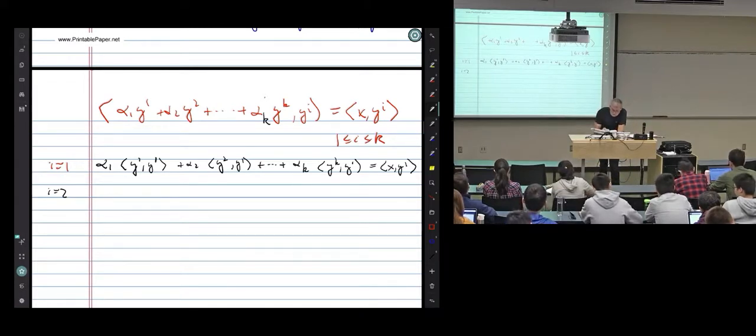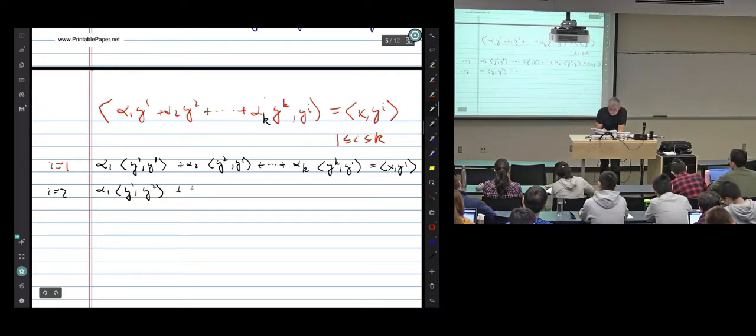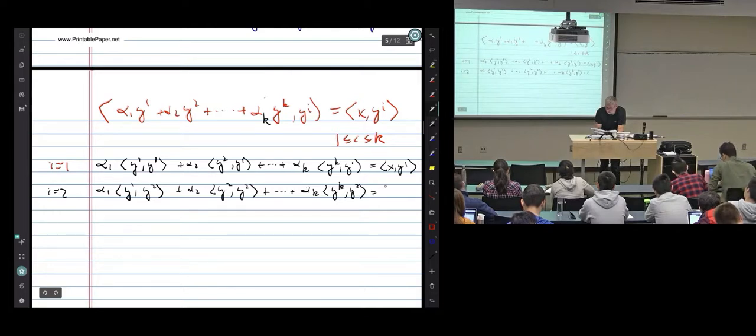So i equals 2, we have alpha 1 times the inner product of y1 with y2, alpha 2 times the inner product of y2 with itself, dot, dot, dot, alpha k times the inner product of yk with y2, equals the inner product of x with y2.